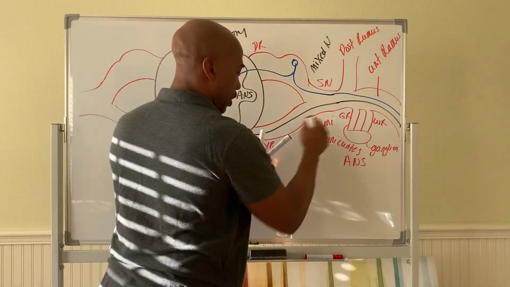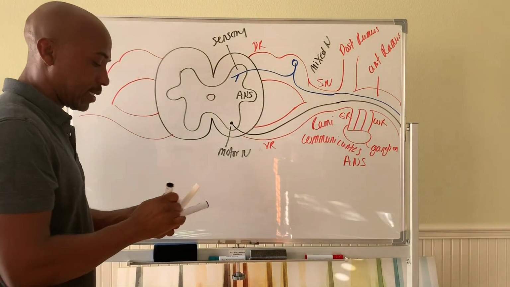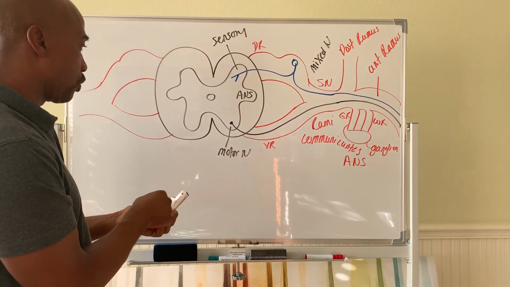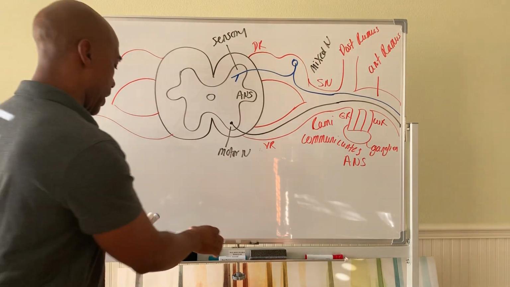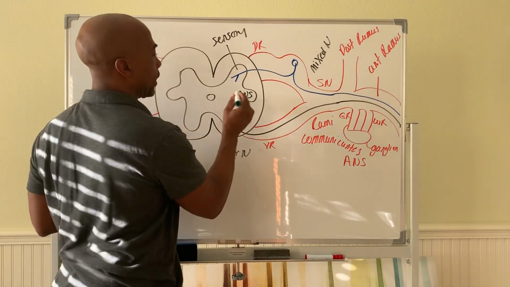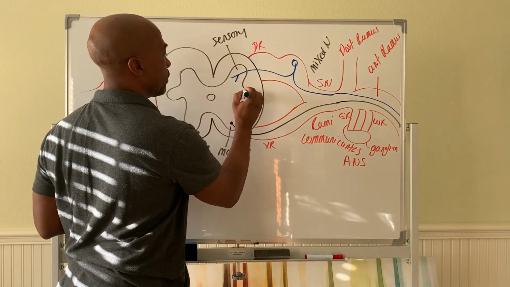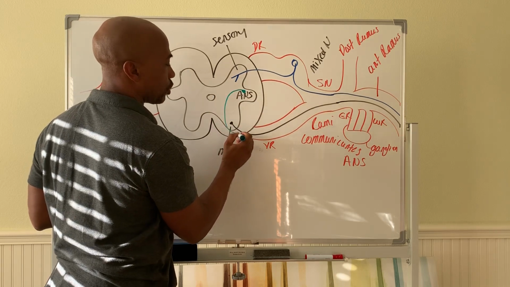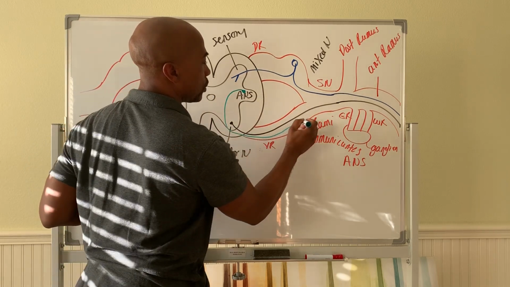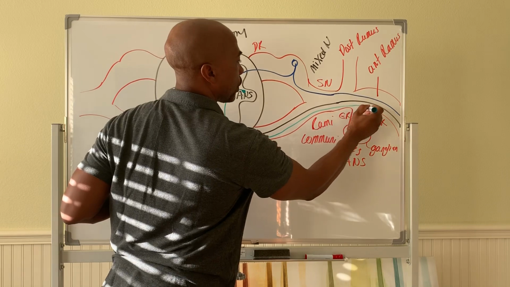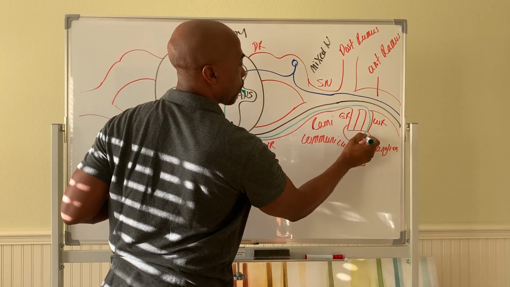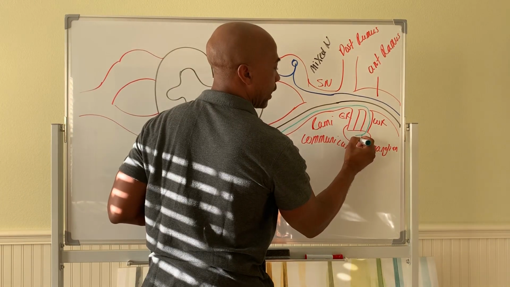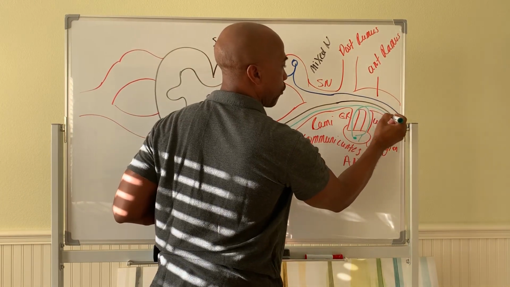Meanwhile, the neurons that use the rami communicantes are your ANS neurons. They usually begin their journey in the lateral horn and come down, travel through the ventral root, enter the rami communicantes and stop right here. And then a second neuron comes from here and travels up and re-enters the spinal nerve.